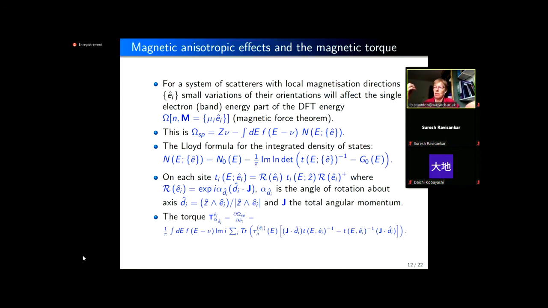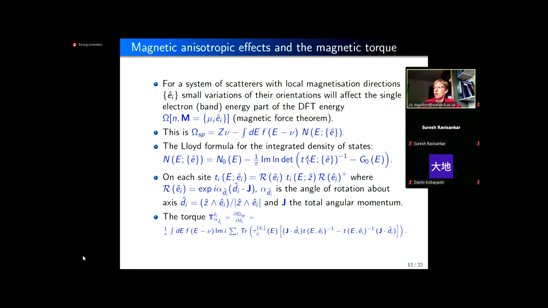So we're going to consider how they interact with each other by using this expression for the energy. In this case, the integrated density of states would just involve the T matrix of one site, the T matrix for the other site, and the information about where they're situated, namely the structure constants describing the free electron propagation from one site to another. So this will be just for two sites.